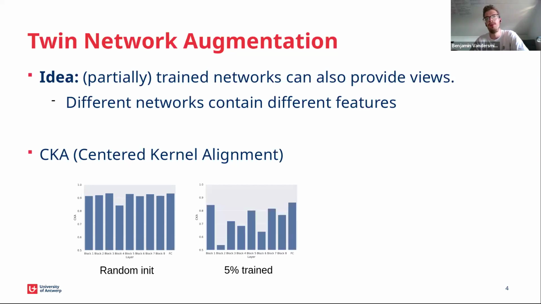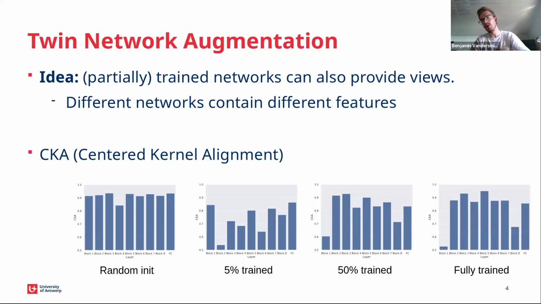But if we go to a 5% trained network, which in our case was after 10 epochs of training, then we can already see that in some layers the features start to be much different between two differently trained networks.